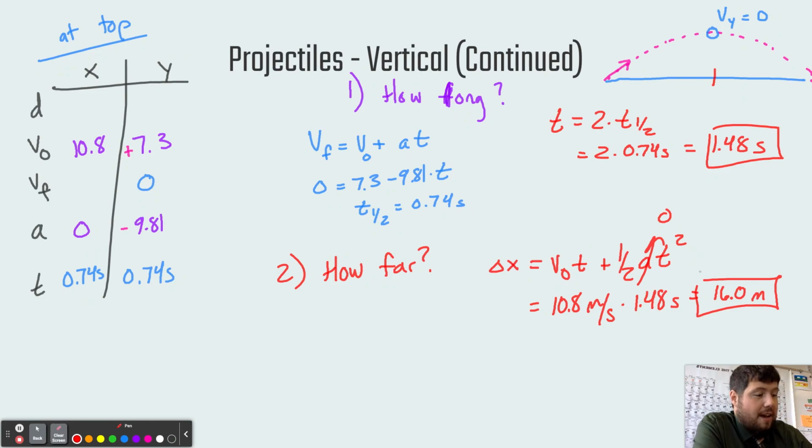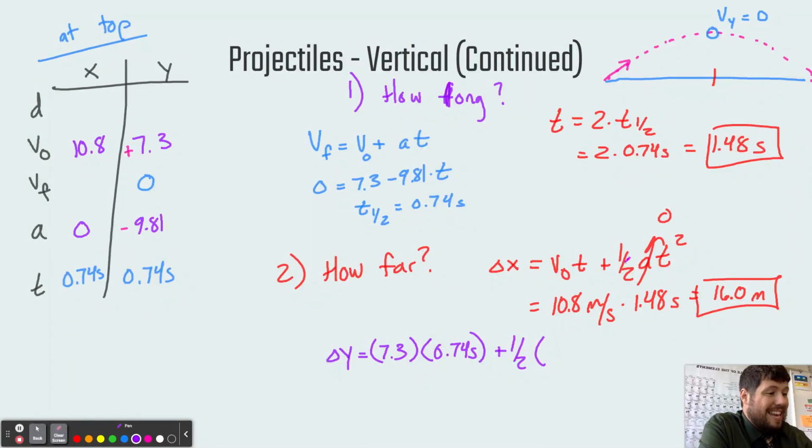Lastly, you could also ask, how far up does it go? What's the vertical height that my thing reaches? So this is my change in the x, but I could ask, and I'll call it change in the y, what's the vertical height? Well, we're going to use the same equation, except now we have the v naught being 7.3 for my y direction. The time to get to the top was 0.74 seconds. Then it's plus 1/2 times negative 9.81 meters per second squared times the time, which was 0.74 squared.